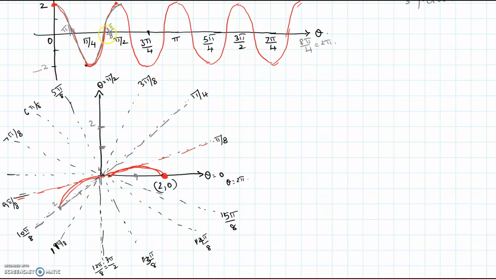Then between pi by 4 and 3 pi by 8, we are in this quadrant. If r was positive, the graph would be traced in this part, but r is negative here. From pi by 4 to 3 pi by 8, the graph is negative but increasing, going from negative 2 to 0.